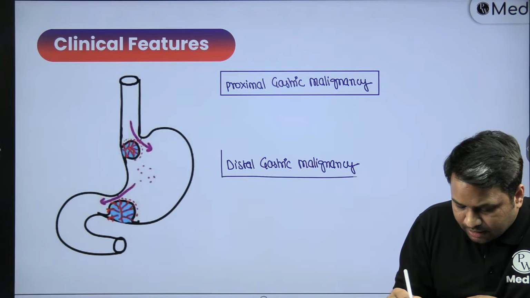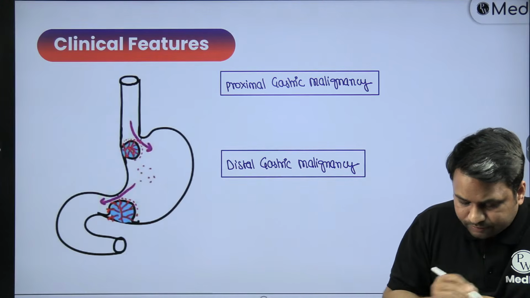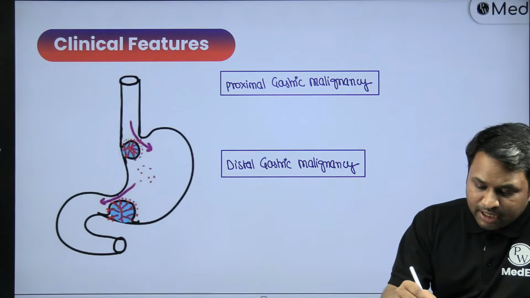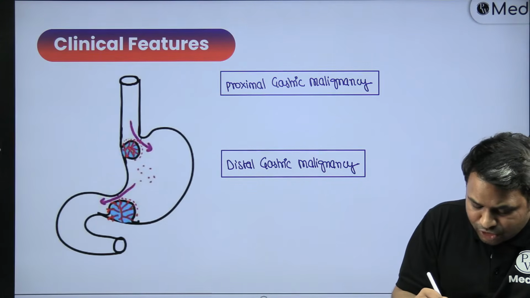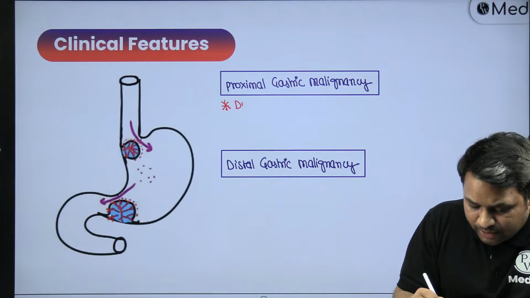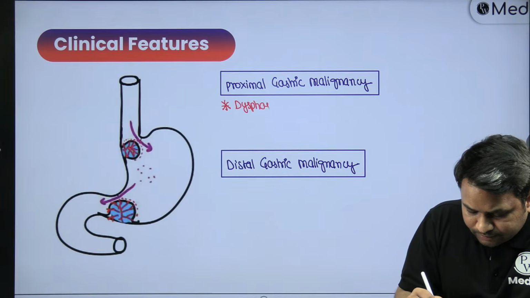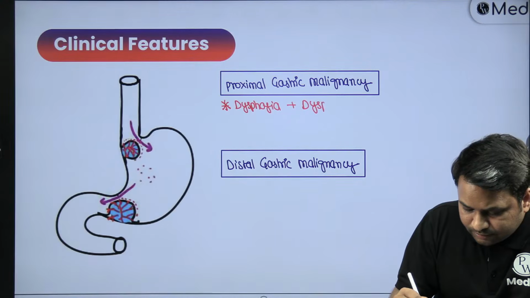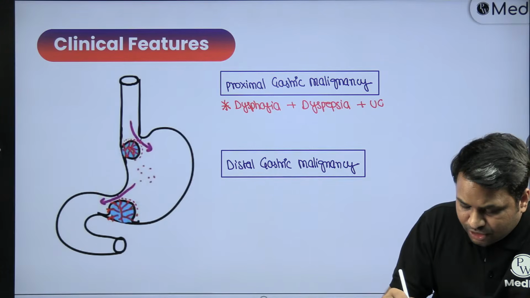Remember, in proximal gastric malignancy, the patient will have dysphagia with dyspepsia, dyspepsia with upper GI bleed.